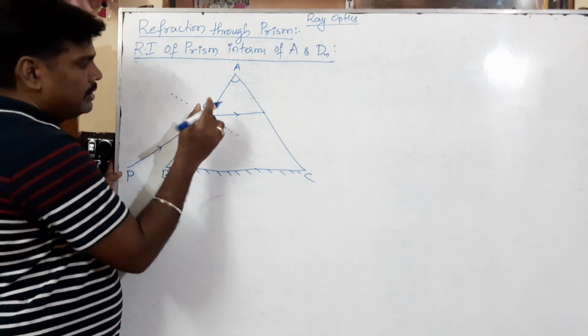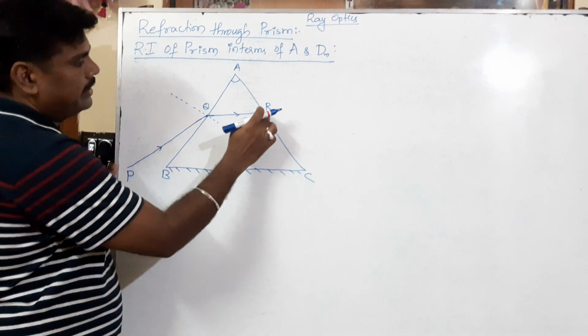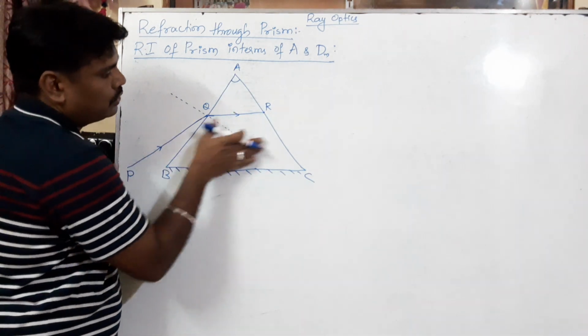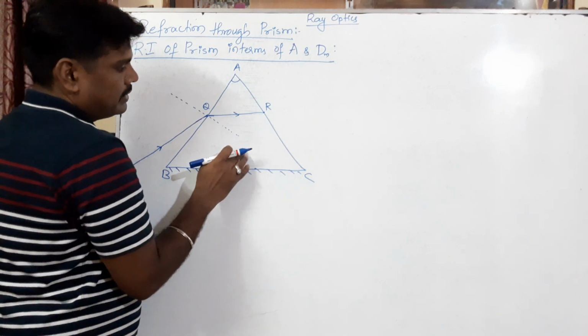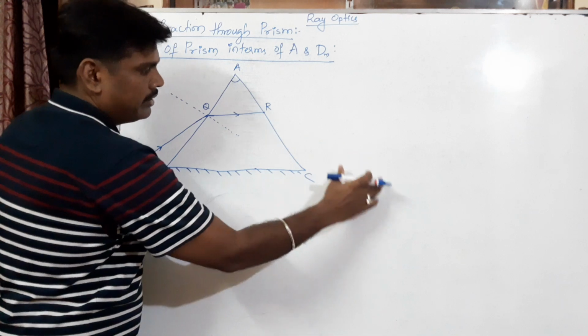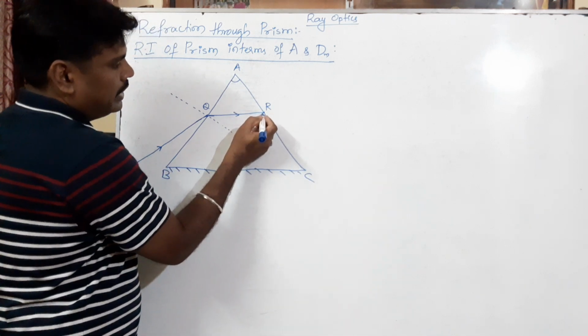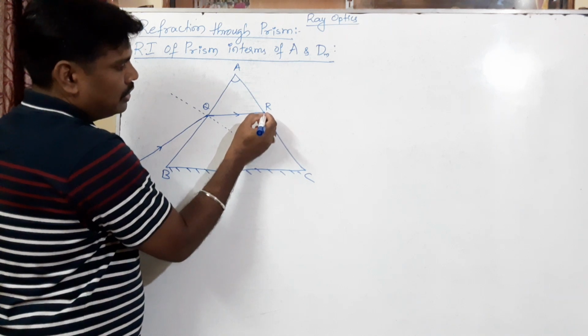Now PQ is the incident ray, QR is the refracted ray. The light is traveling through the glass now. Now the light is coming out from the prism. It means it is traveling from denser medium to rarer medium, so it should bend away from the normal. You know the condition for that. So how to write the normal?